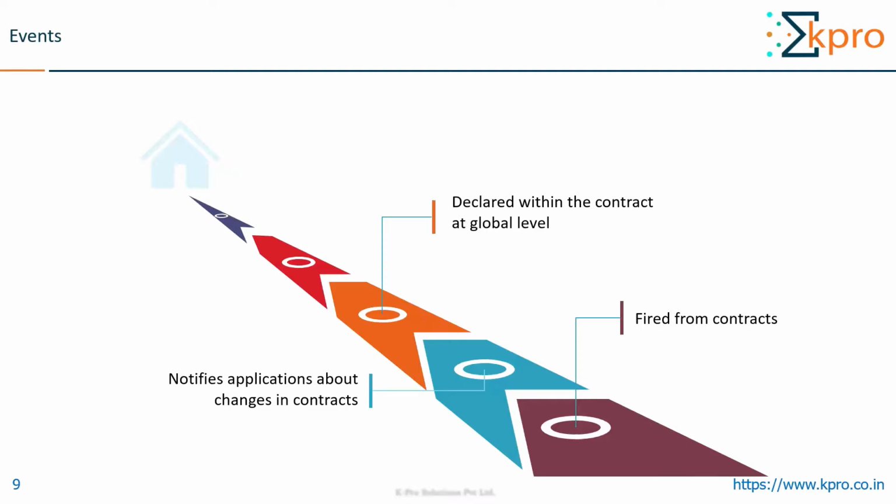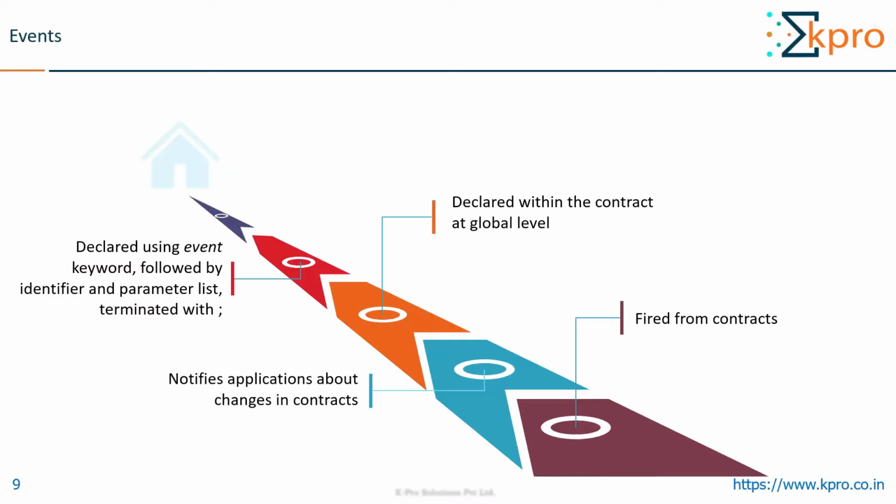Events are declared within the contract at the global level and invoked within its functions. It is declared using the event keyword followed by the identifier and parameter list, and this is terminated by a semicolon. The values in the parameters can be used to log information and execute conditional logic. And event information and its values are stored as part of the transaction within the blocks.